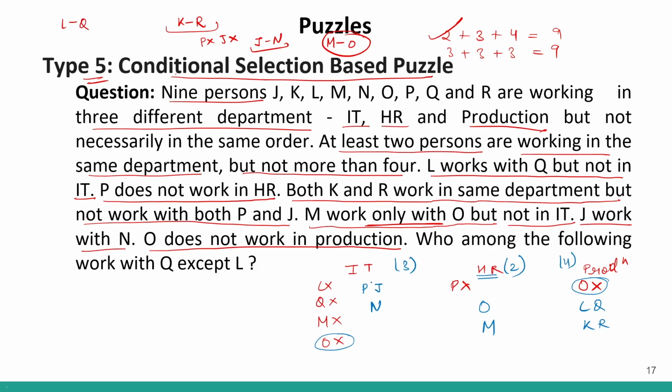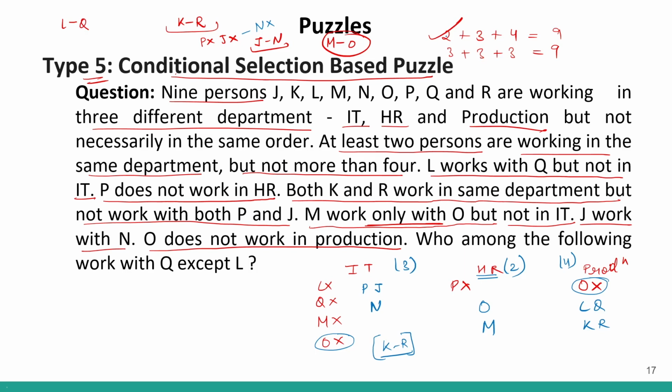How? Basically there was a restriction on M, Q and L. So if I do not place L and Q over here, we are left with only K and R. K and R cannot come together with P, J and N, because J and N are a pair. So if I do not place J, I will also not place N. So now we will have only 2 people, K and R.